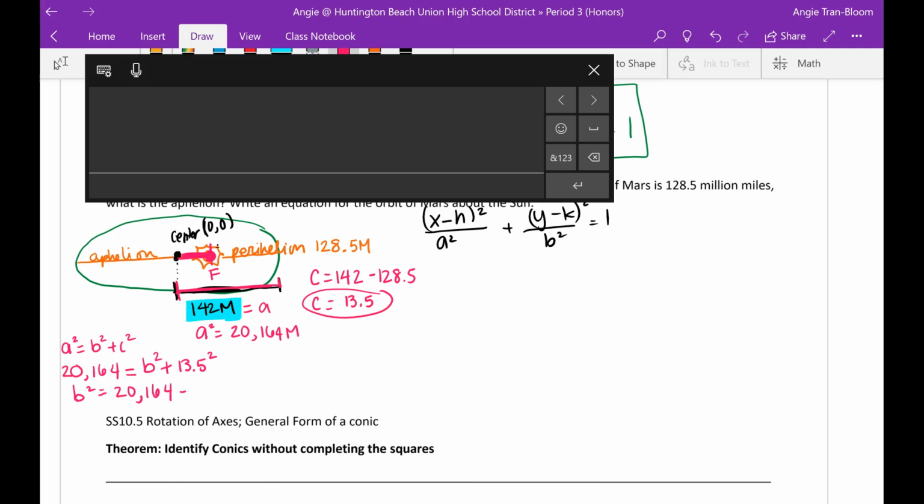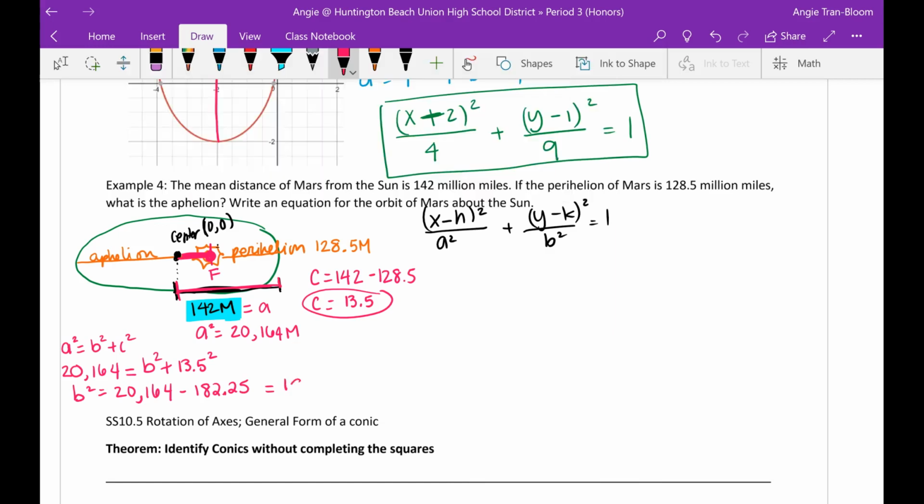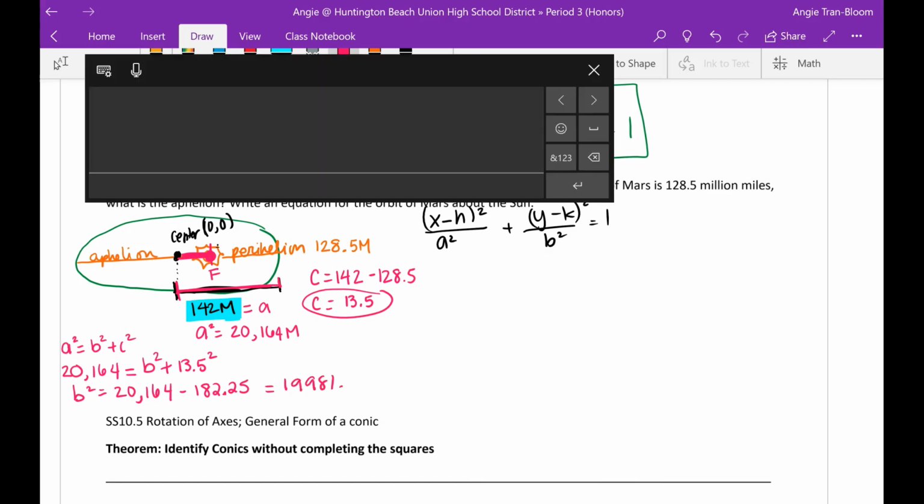Let me punch it in my calculator. 13.5 squared is 182.25 million. I will subtract those two: 20,164 take away my answer. So b squared is 19,981.75 million. Keep in mind we're in millions of units here.